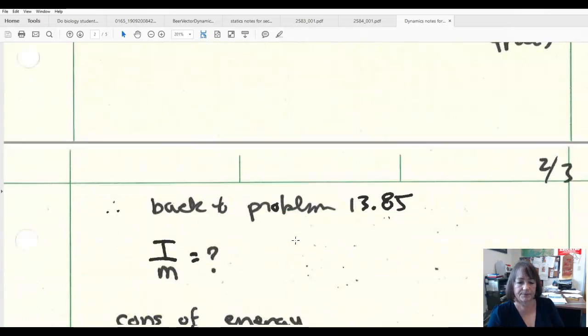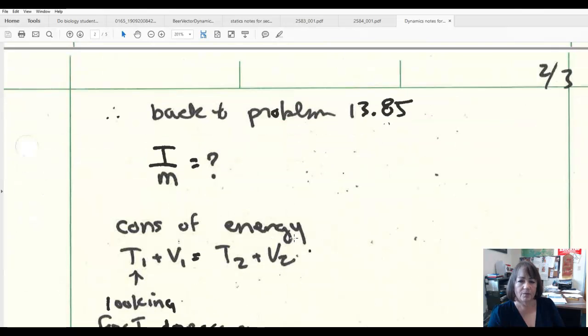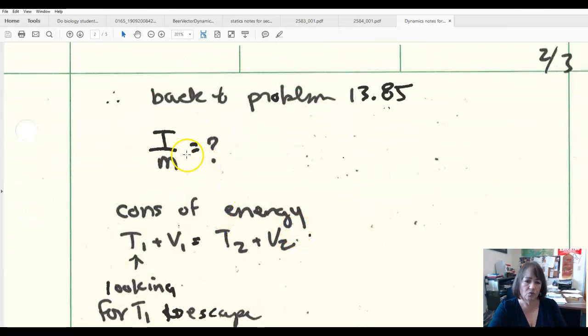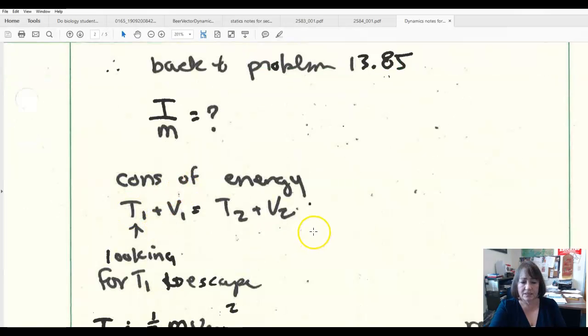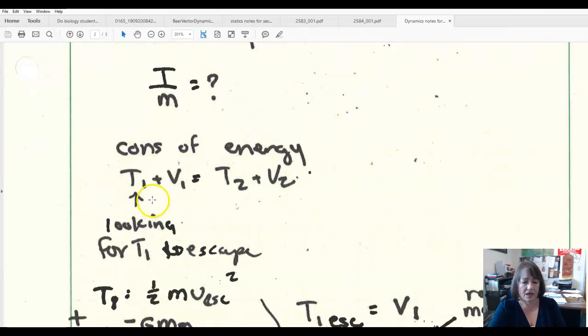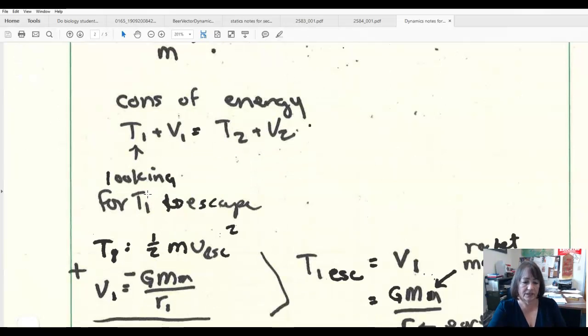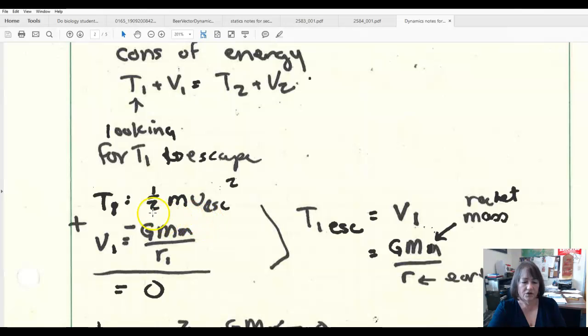All right, so if we go back to problem 13.5, it asks us, what is the kinetic energy per unit mass? So we start with this idea of the conservation of energy, and we're looking for the kinetic energy required in order to escape Earth's gravity. So we know that T1 is equal to 1/2 m v squared.